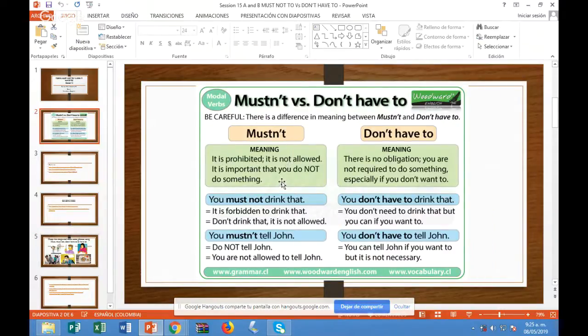It's not allowed. It's forbidden. And don't have to is something that you can do if you want. It's like, for example, you don't have to drink that, but if you want, you can do it. Something that is no obligation.